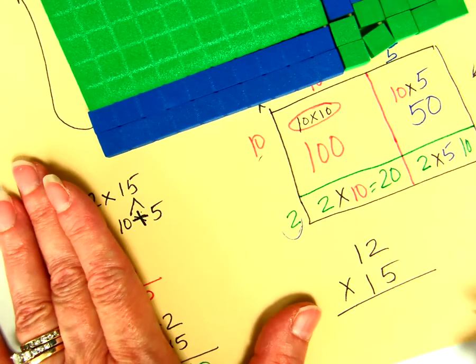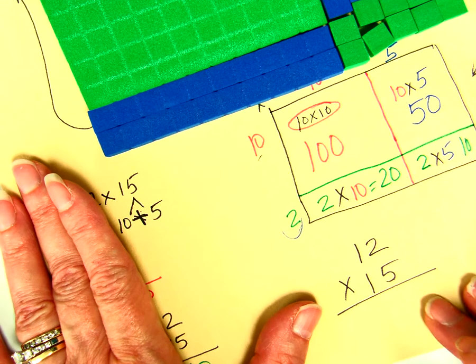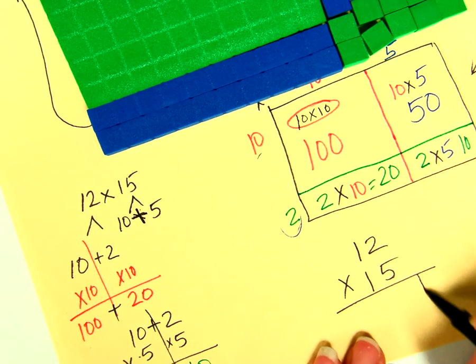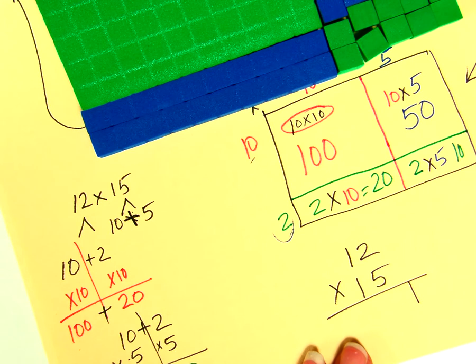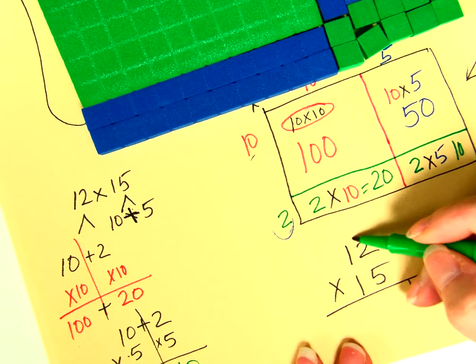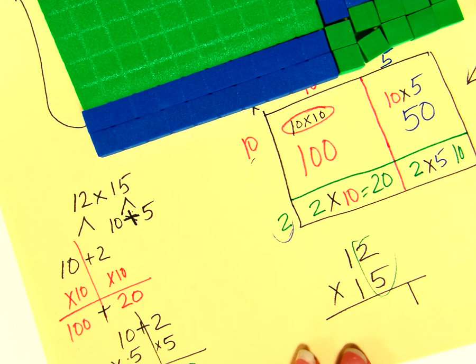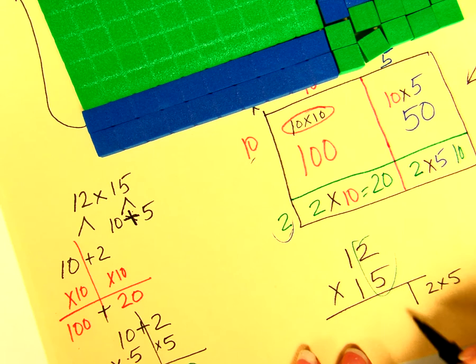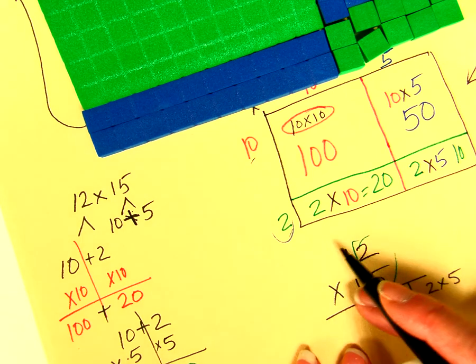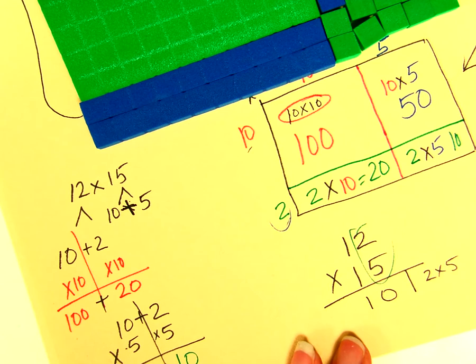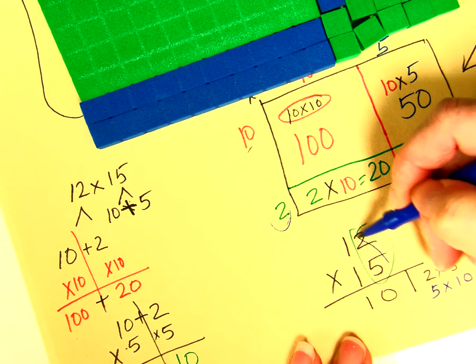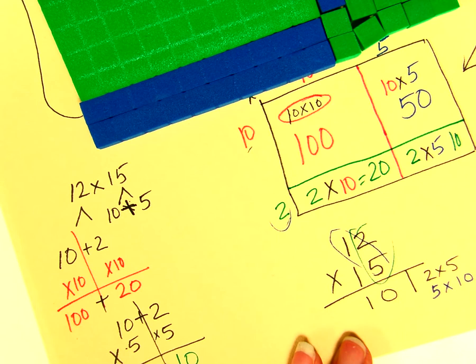And even when I teach the algorithm, I still like to start with the kids really understanding. So for example, we would start with the 2 times 5. Really, in all honesty, you can do it in any order, but the algorithm does 2 times 5 first, which is 10. I'm not going to regroup, I'm just going to record it here as a 10. Then the algorithm would move to 5 times 10, because now the 5 is multiplying this. 5 times 10 is going to give me 50.